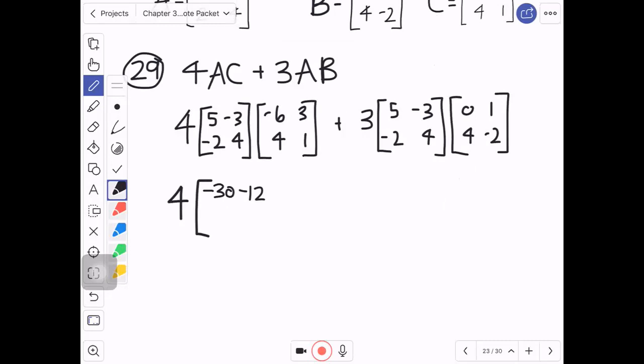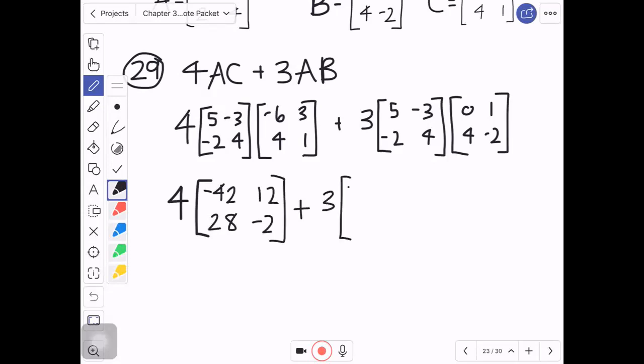But when you did multiply those matrices, I'll give you that answer. You should have gotten negative 42, 12, 28, negative 2, once you do that multiplication, and negative 12, 11, 16, and negative 10. That's after you're multiplying those two matrices together.